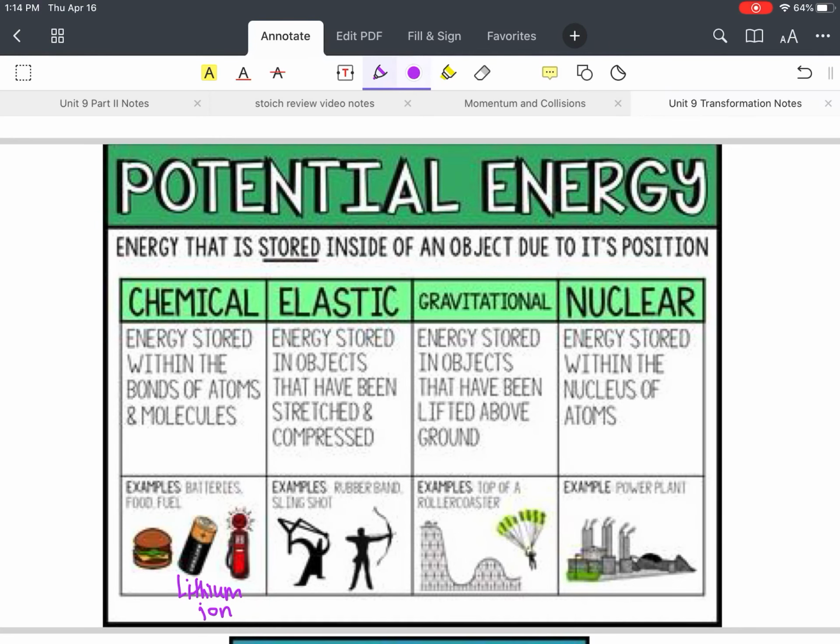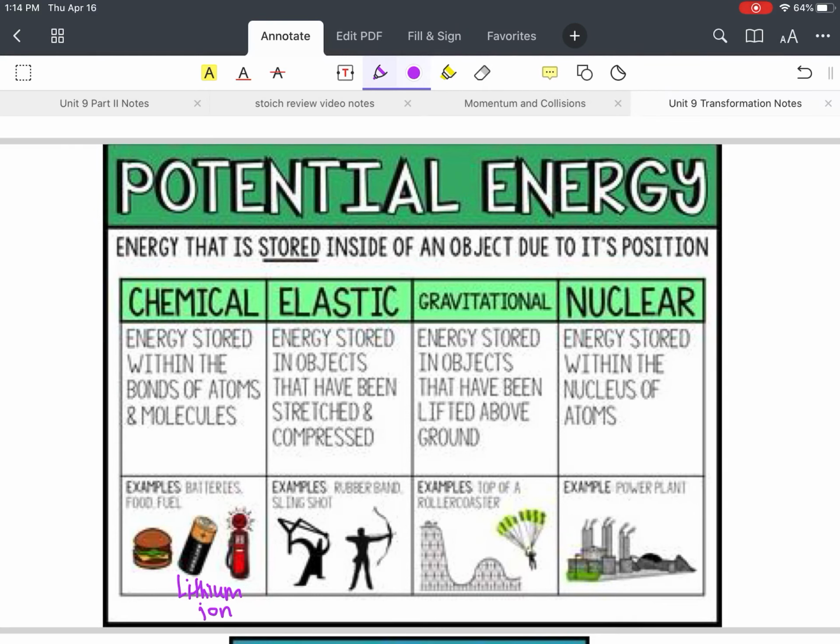Okay, elastic energy is stored in something that's been stretched. So if you think about a bow and arrow, the reason your bow and arrow can move super fast and make it to the target is because you stretch that string, that elastic band, back really far and then let go. If I only stretch it back a little ways, the arrow is just going to fall to the ground. It's not going to have enough of that stored energy to convert into kinetic energy.